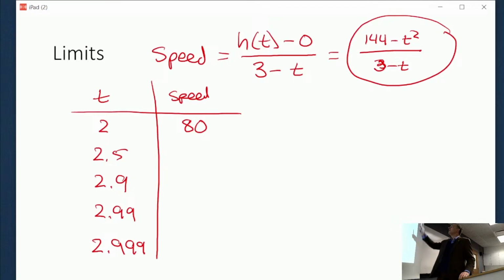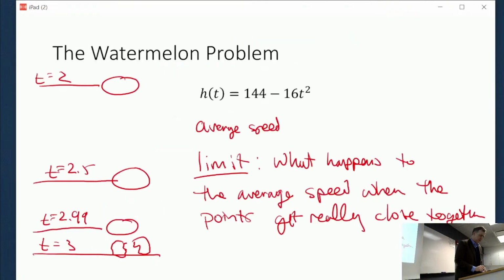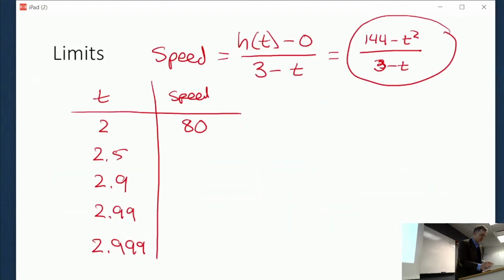We can double check though. 144 minus 2 squared is 140 divided by 3 minus, wait a minute, why is that not working out? Oh, I forgot an important part of this, didn't I? Someone should have yelled at me. It's 16t squared. I was so excited about the denominator, I forgot my 16. There we go. Okay, 144 minus 16 times 4, which is 64. Sure enough, yes, it's 80 over 1.